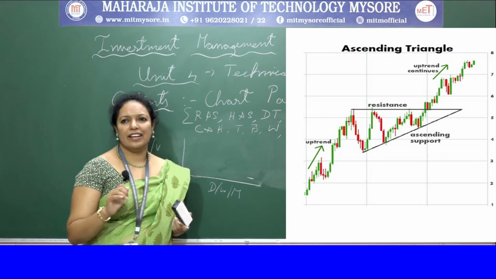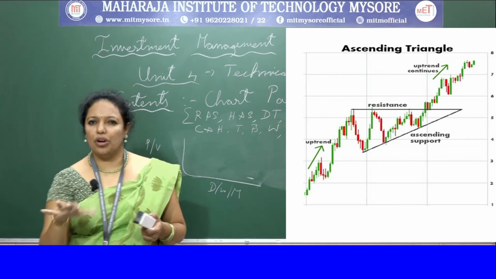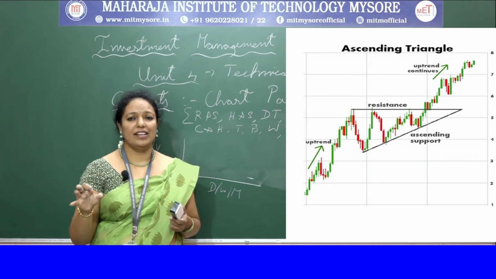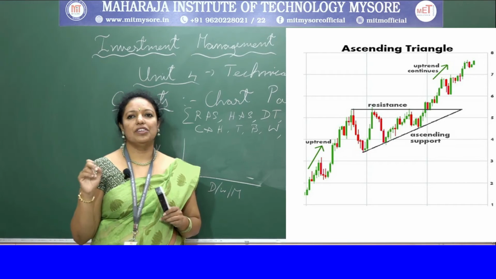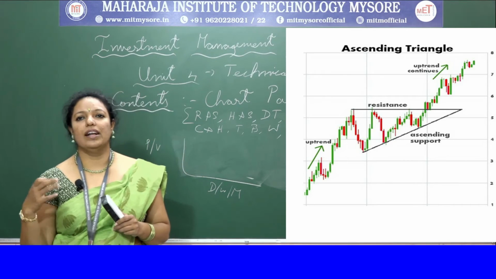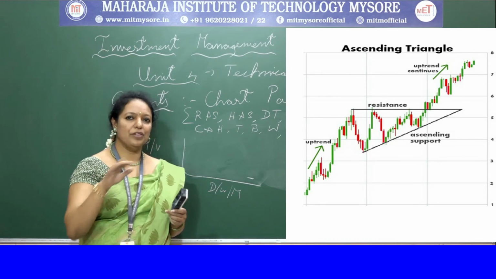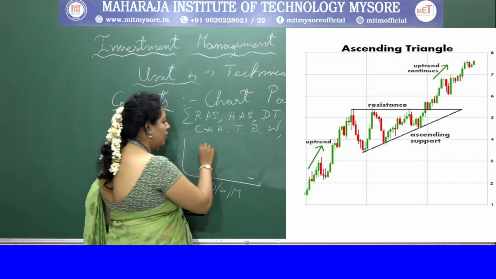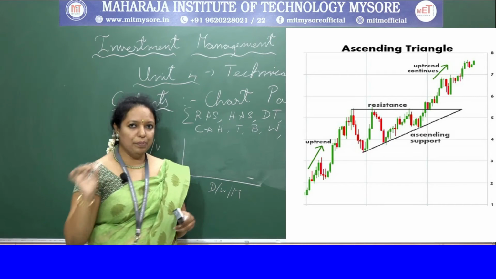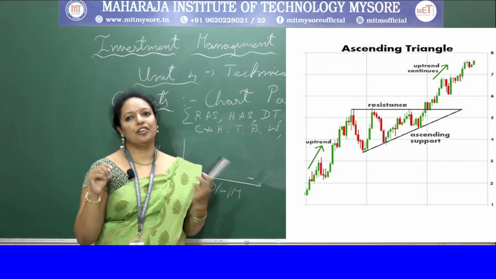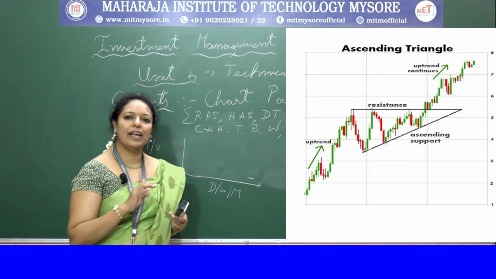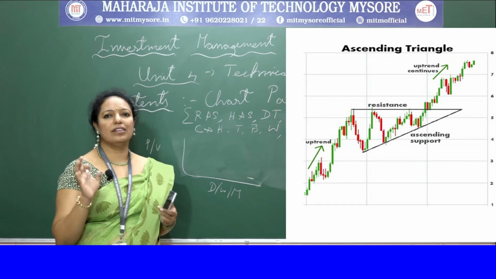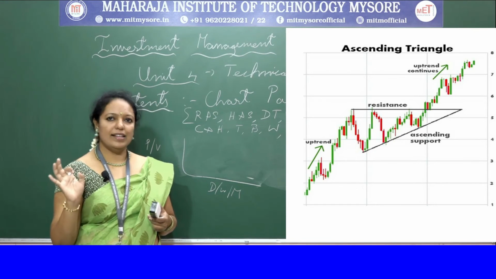Okay, ascending triangles often have 2 or more identical peak highs, like they have similar kind of peak highs, which allow for the horizontal line to be drawn. So if you have to draw a horizontal line like this, you need 2 peaks, right? So that kind of peaks is available, and the trend line signifies the overall uptrend of the pattern, while the horizontal line indicates the level of resistance for a particular asset.